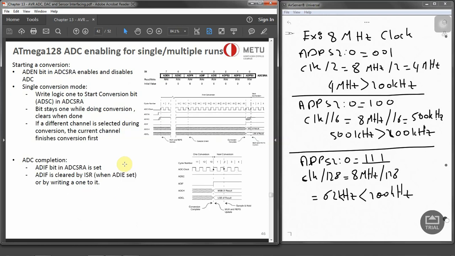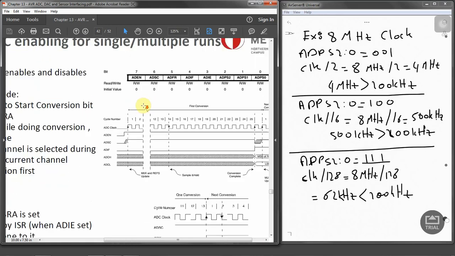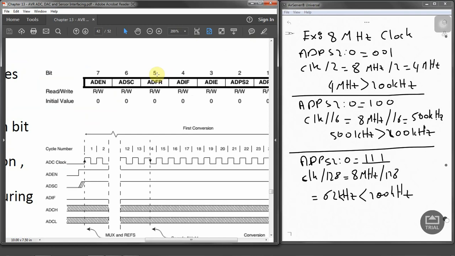Now, as we already said, the ADC has got 2 conversion modes. This is the single mode, and the other one is the free running mode. We said that we can set the free running mode with bit 5.